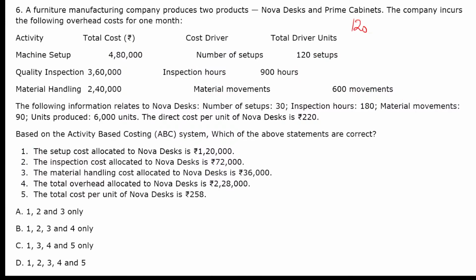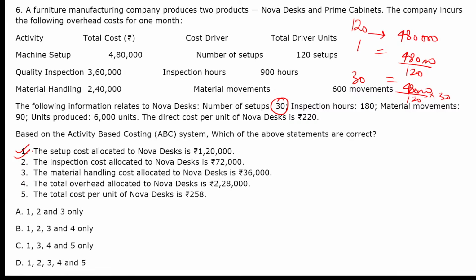For 120 setups, you have to pay 4,80,000 rupees. How much will you pay for one setup? 4,80,000 divided by 120. How much will you pay for 30 setups? Because for Nova, it is only 30 setups. For 30 setups, you will pay 4,80,000 divided by 120 into 30, which is 120. So, yes, this is correct.